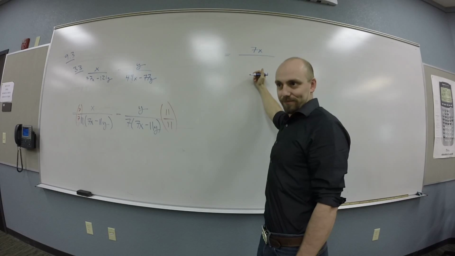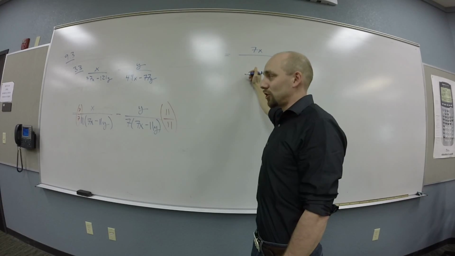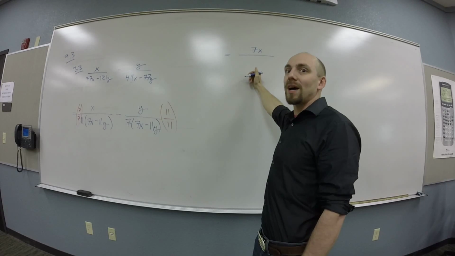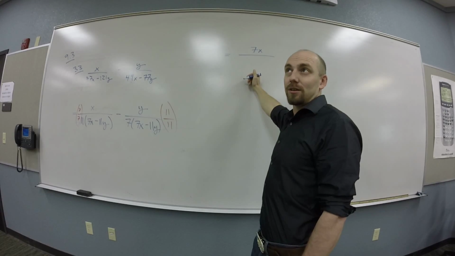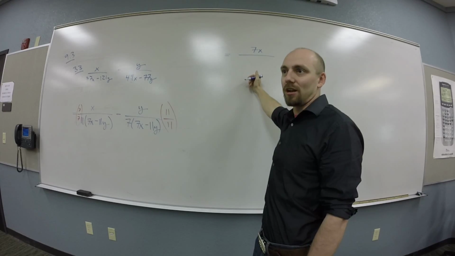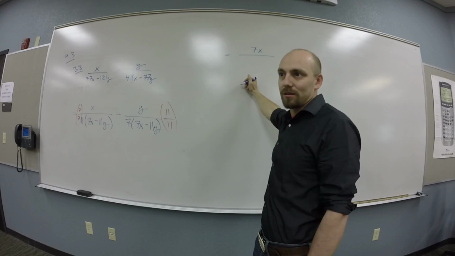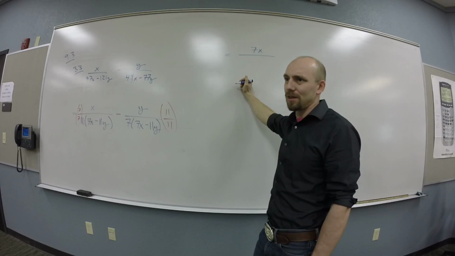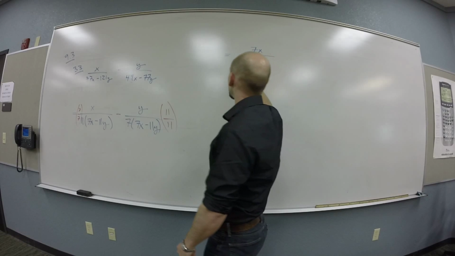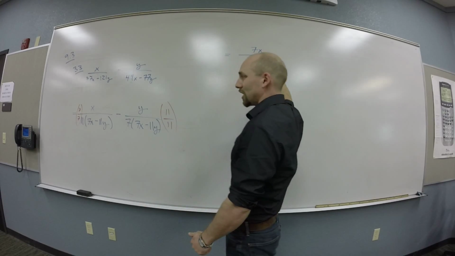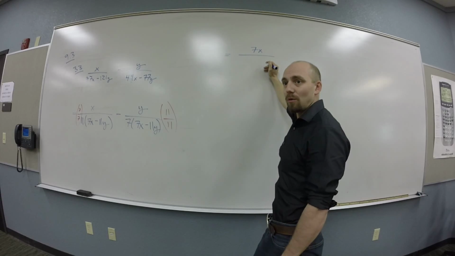I wouldn't recommend distributing the 7 or the 11 back into the parentheses because best case, something will cancel. Worst case, something won't cancel and I'll have wasted time doing this anyway. You guys see that? I really wouldn't bother distributing anything in on the bottoms on these. So if I had to pick, I would write 77 times 7x minus 11y.